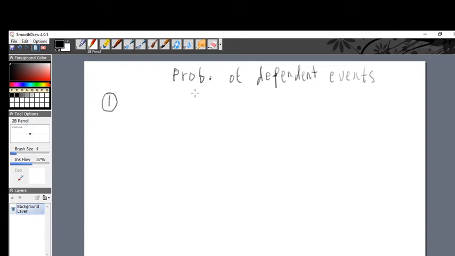So the formula for this is the probability of A and B is equal to the probability of A, that's going to be the first event, times the probability of B given that A has occurred.